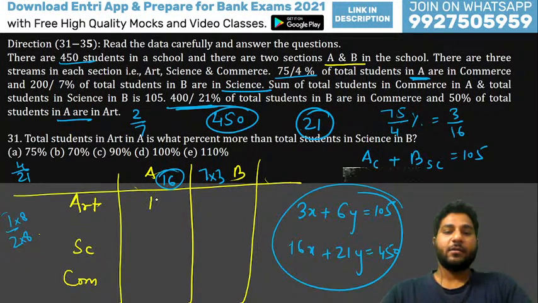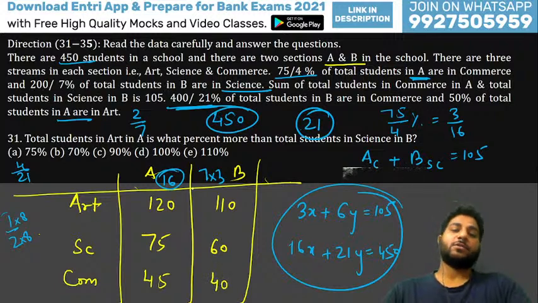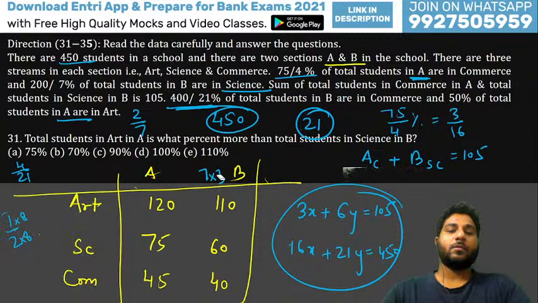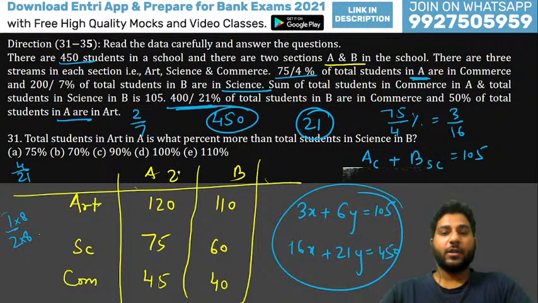The art in section A 120, 110 in section B. 75 in section A for science and 60 in section B for science. 45 of commerce students in section A and 40 of commerce students in section B. So total of A section students is 240 and total of B section students is 210.